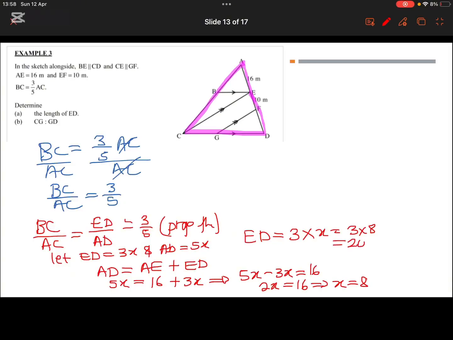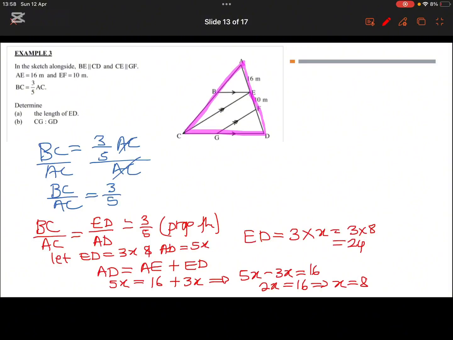Then you'll say 3 times 8, that will be 24. That will be 24 units. Then now ED is equal to 24 units.